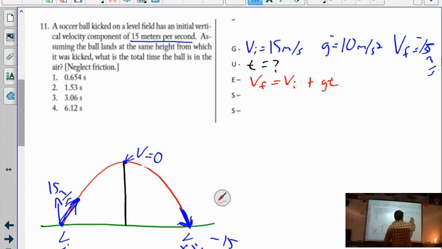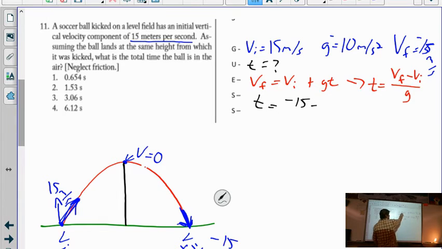I'm going to manipulate this formula to solve for T. When I do that, first I'm going to subtract out the VI, and then I'm going to divide by G. So I'm going to get T equals VF minus VI divided by G. When I substitute in, I'm going to get T equals, well, VF was negative 15, recall, minus VI, which is 15, divided by, and now remember I did gravity as negative 10 to show the direction.